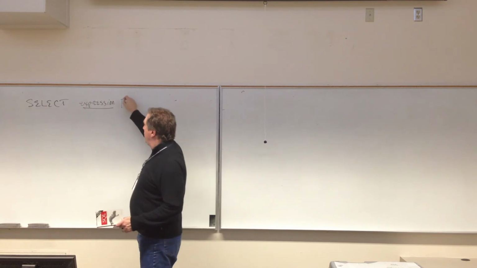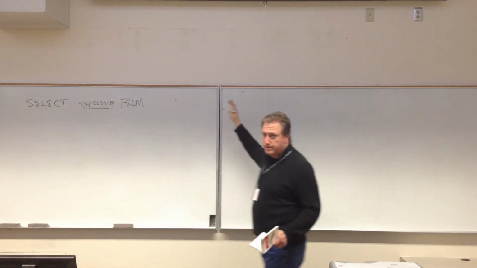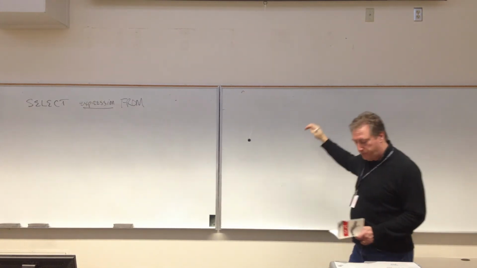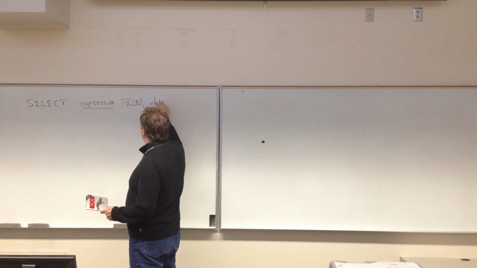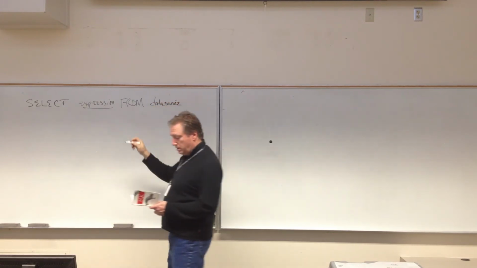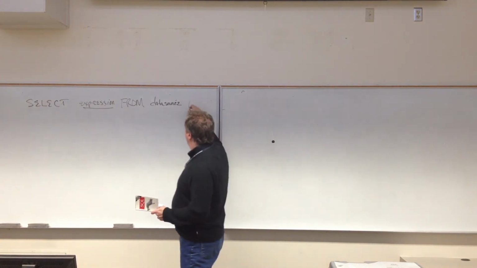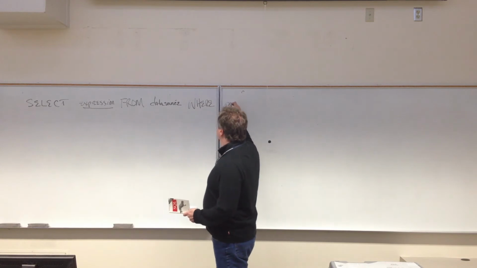And then there's a FROM word, from. Yes, this is one of those huge lines that takes up the entire whiteboard. And the FROM is the data source. Then WHERE, predicates.